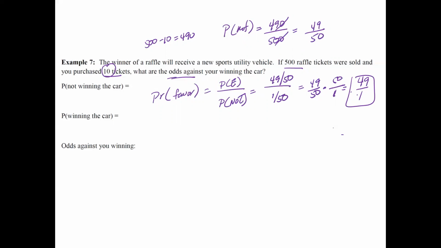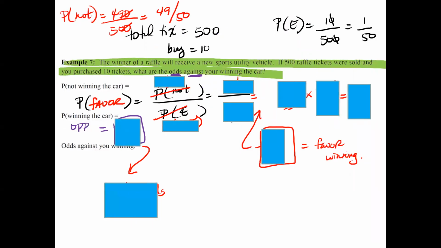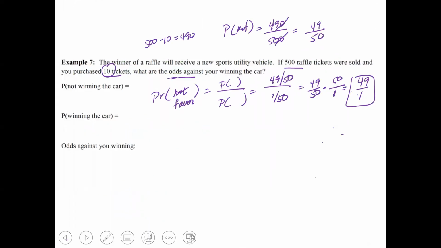Sorry, I have this backwards. Not in favor is going to be you not winning over the probability of you winning. That makes more sense. Not winning is 49 over 50. Winning is 1 out of 50 because you only have 10 tickets. So that number should be a lot smaller.